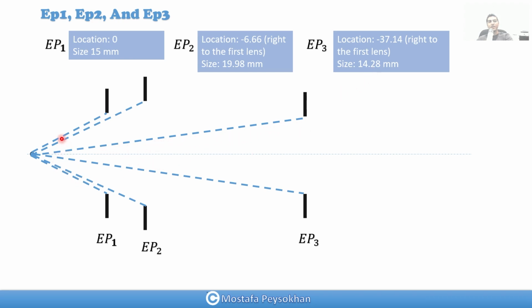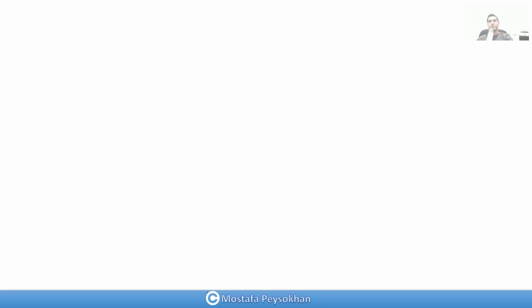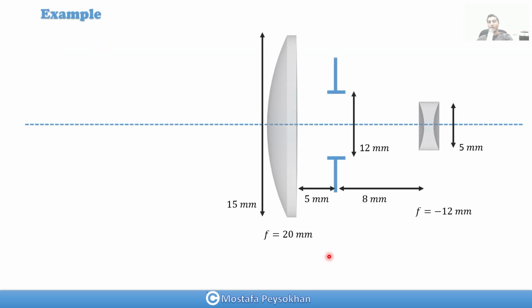So even visually, you can see that this angle is smaller than these two. So the minimum angle, or the limit on our optical system, is entrance pupil 3. So right now it's very obvious that this is not the main stop. The main stop is this lens.